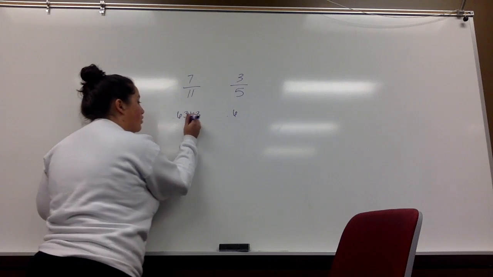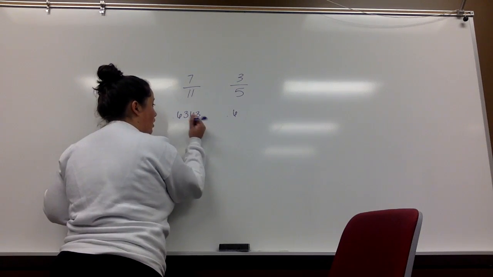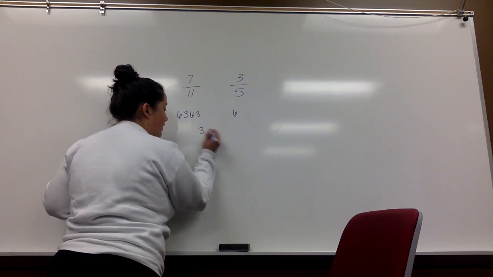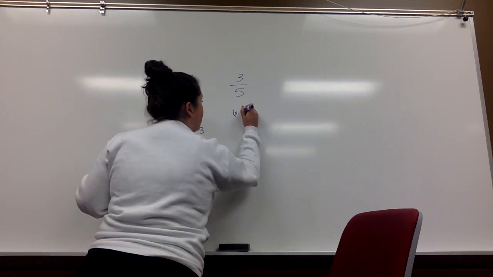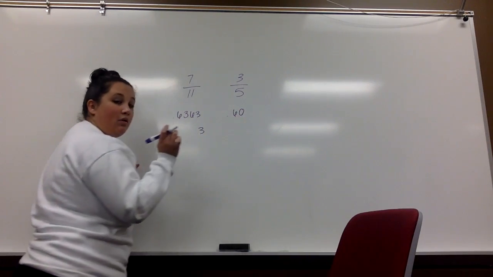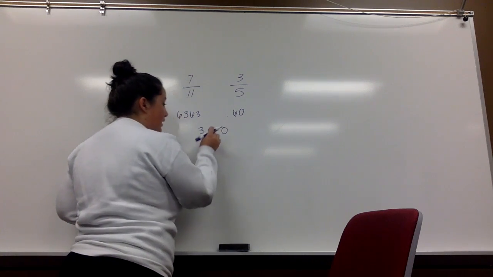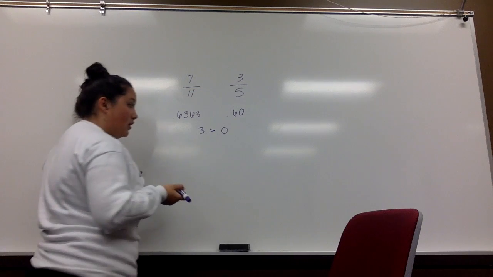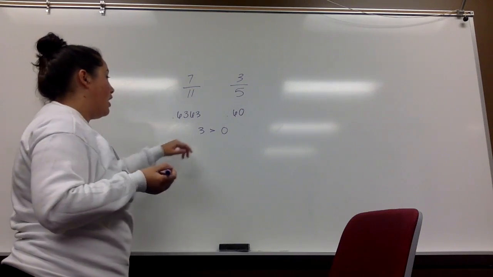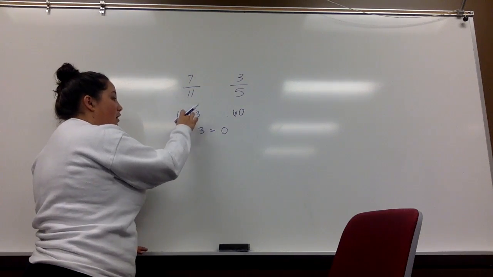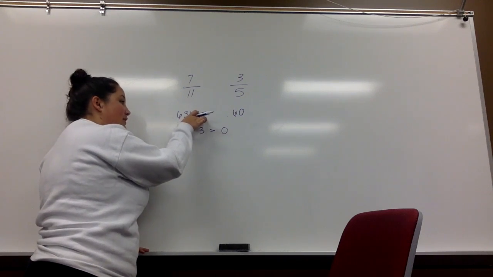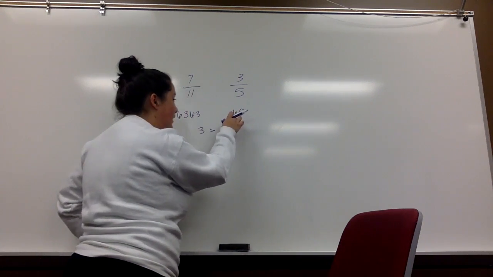But if we move over to the hundredths place, this has a 3 in the hundredths place. This has an unspoken 0 in the hundredths place. 3, we know, is greater than 0. Therefore, we know that 6,363 ten-thousandths is greater than 6/10.